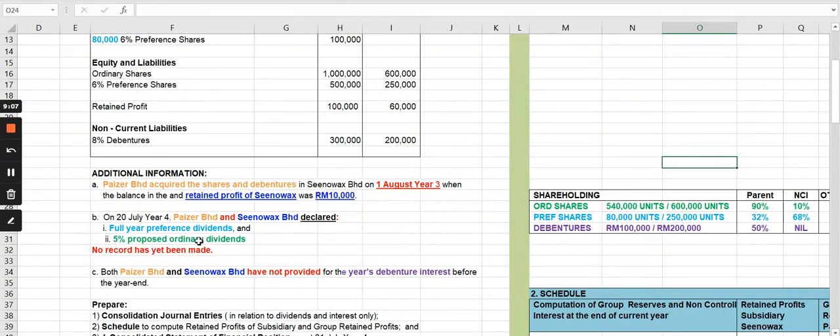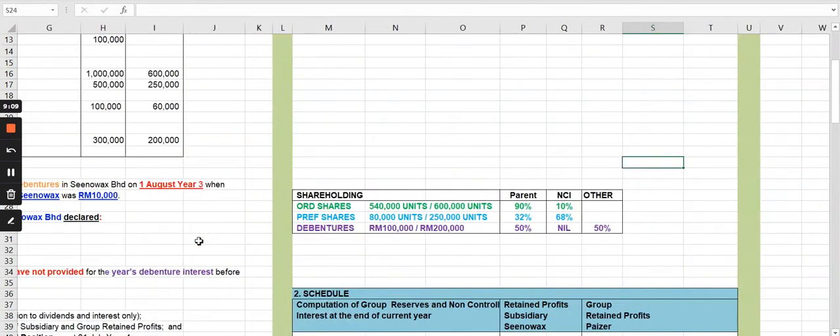With that information, the first thing that you should do is to compute the percentage acquired. I've already done this for you, so you can do it yourself. But for information, the percentage for ordinary shares was 90%, preference shares was 32%. Take the units acquired divided by the units issued.